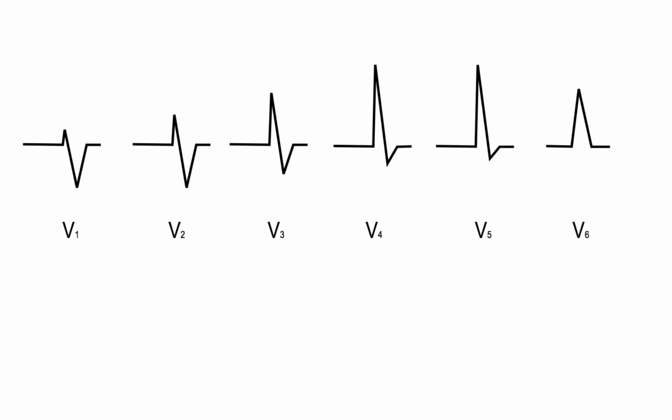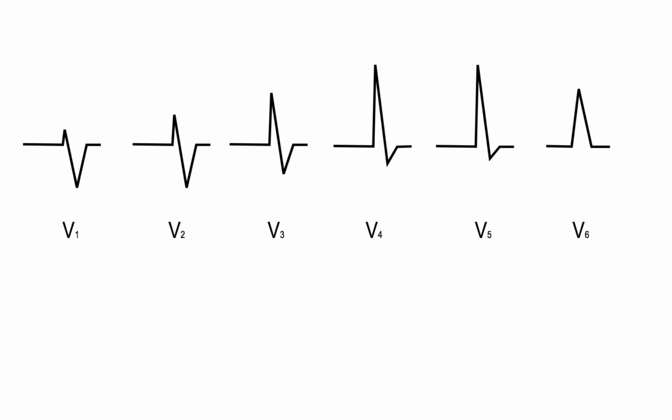Now, normal would be a transition between V2 and V3, or right at V3. If V3 ended up being equal, R wave and S wave, then you would call that normal also. That's the normal area. Use the word normal.